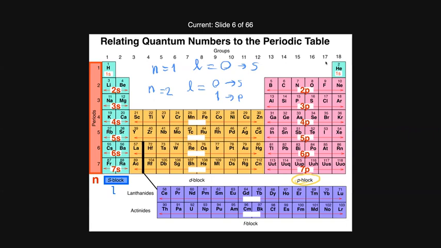So you will see that the second row starts from 2p, and this belongs to the P block. So the second row would be 2p, 3p, 4p, and so on. The reason we don't call this 1p is that 1p doesn't exist, because when n equals 1, L cannot equal 1. So this one has to be 1s, not 1p.